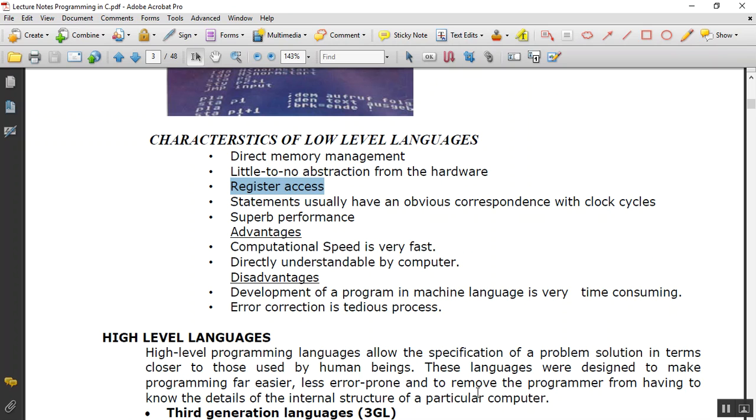We simply give instructions to the computer in an English like language, which is more easy for human beings to understand. These languages were designed to make programming far easier so that people can understand it easily and less error prone. If they can understand it easily, they will make very less errors. And to remove programmer from having to know the details of internal structure of a particular computer.